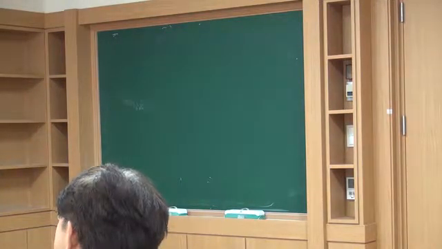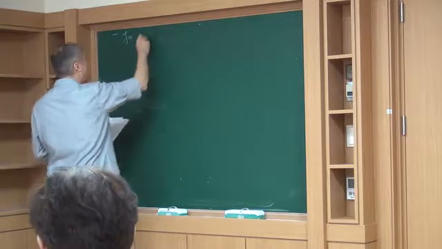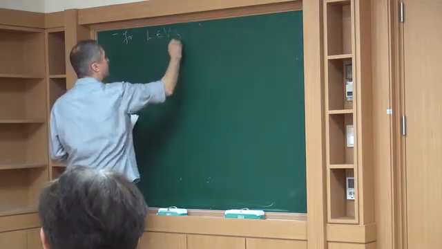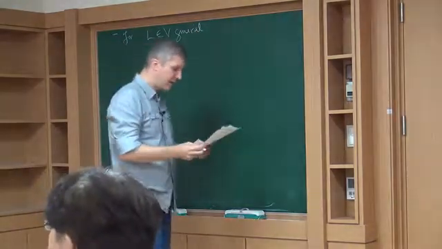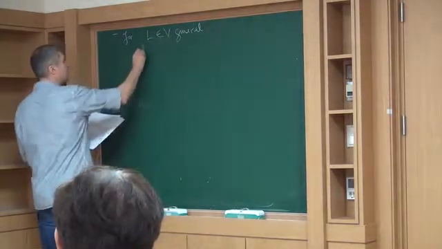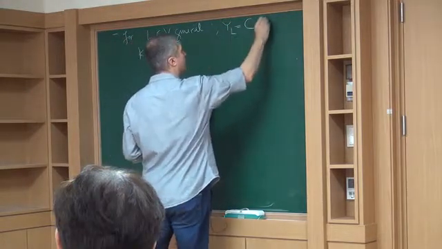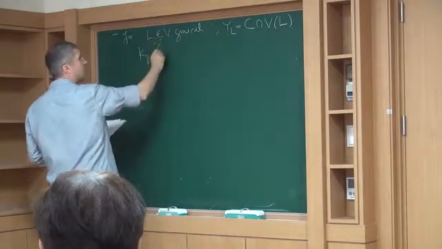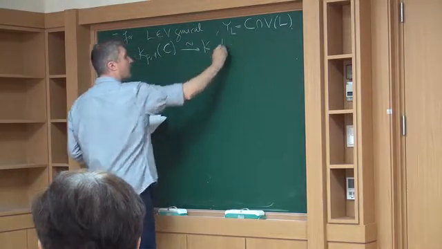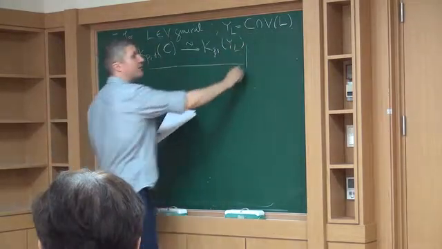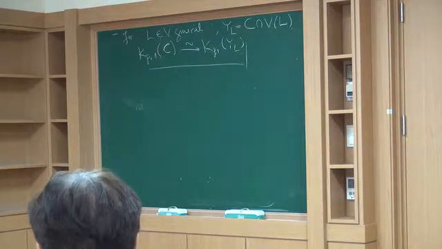But in our case, that's true, because if you take L in V general, what we obtain is that for L in V general, we are actually interested in KP1s, and if we take Y_L to be C intersected with V_L, KP1 of Y_L is isomorphic to KP1 of Y of C. So by the restriction we get this isomorphism, and that's what we are going to use.